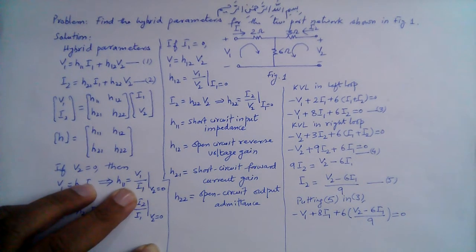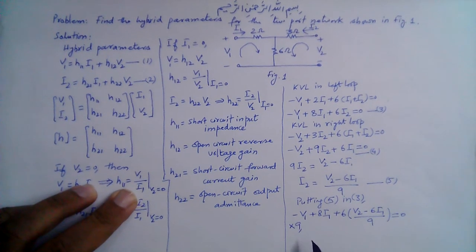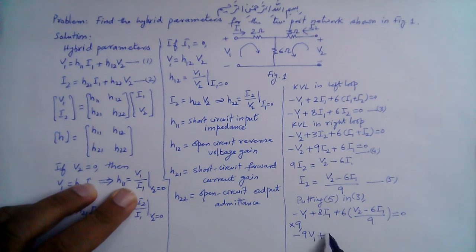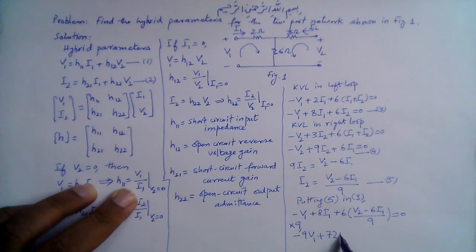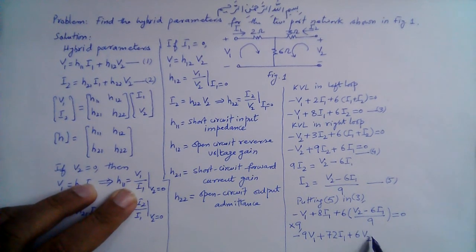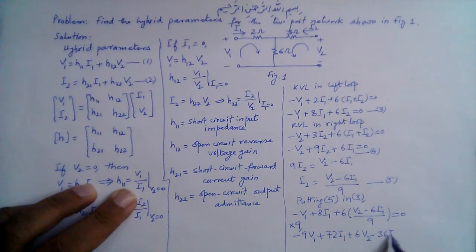So multiplying throughout by 9, we get minus 9V1 plus 72I1 plus 6V2 minus 6 into 6, 36, I1 is equal to 0. Let us revisit this again. Multiplying throughout by 9, this is minus 9V1 plus 72I1 plus 6V2 minus 36I1.